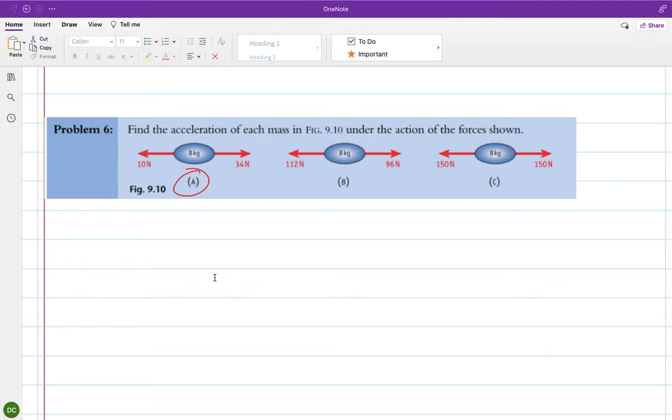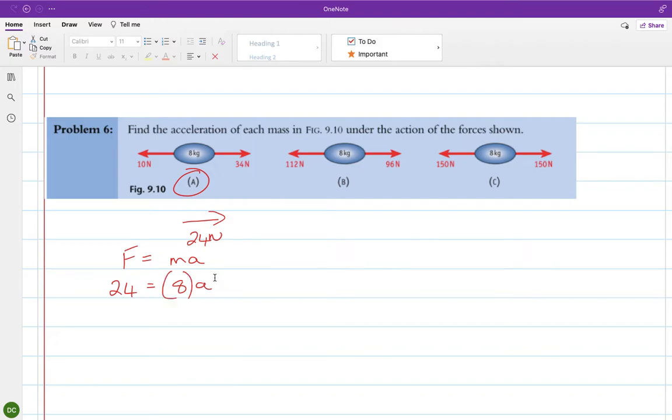is there a combined force acting? You have a 10 Newton force on the left and a 34 Newton force on the right. So that means overall we have a force to the right of 24 newtons. So we do have a resultant force. So if we do F equals ma, the force is 24, the mass is 8, and we need to figure out the acceleration.